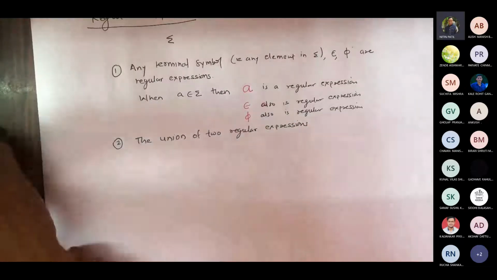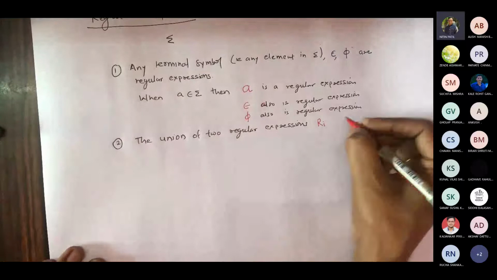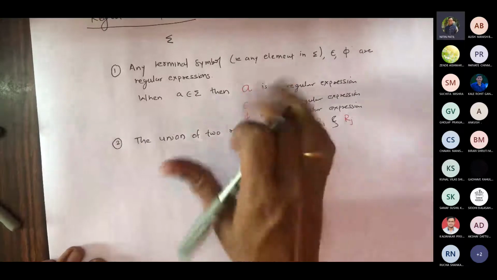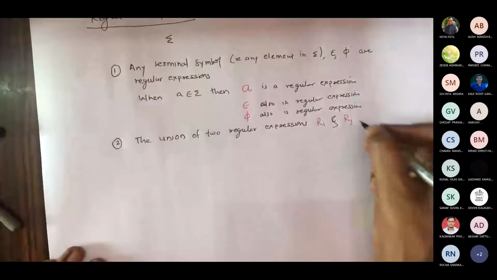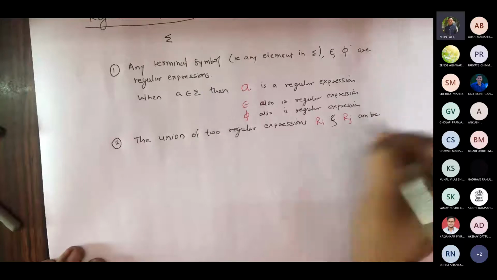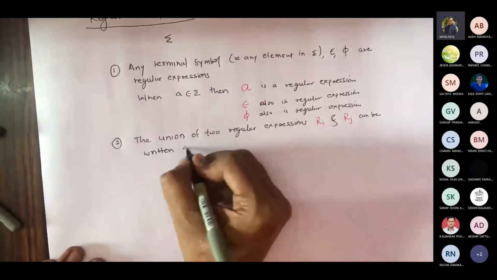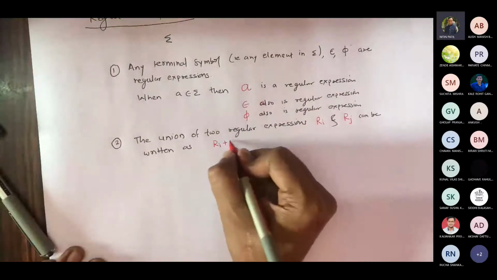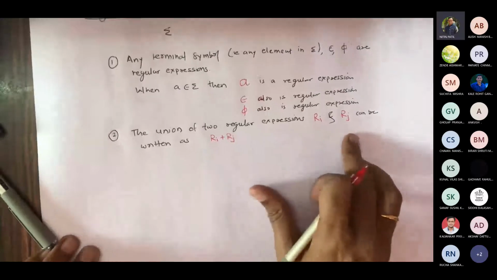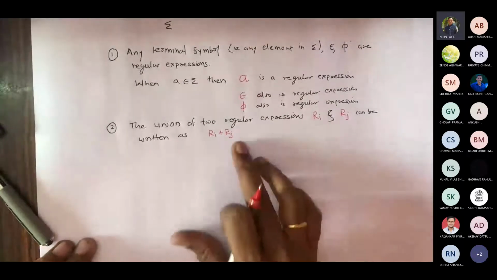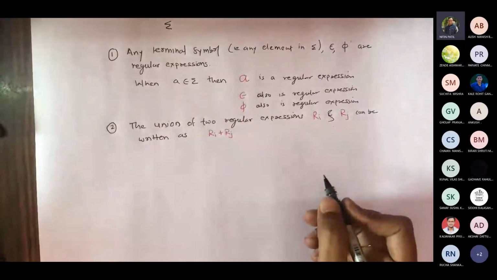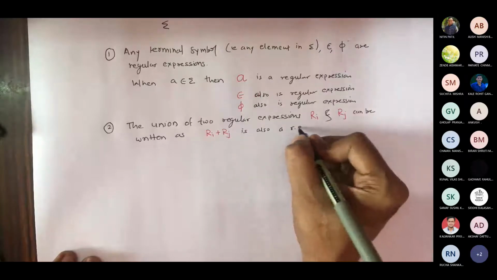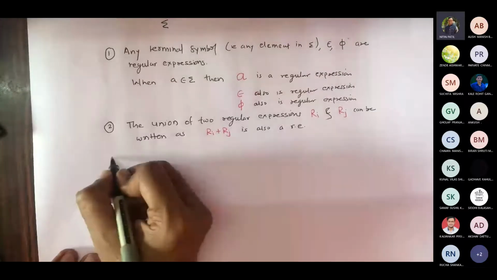For example, let me represent them as Ri and Rj. Ri and Rj may be either of them, and can be written as Ri plus Rj. You may say R1, R2, or Ri, Rj in general. So Ri plus Rj is also a regular expression.